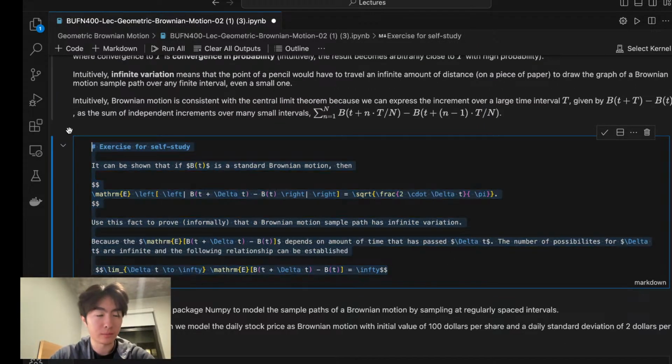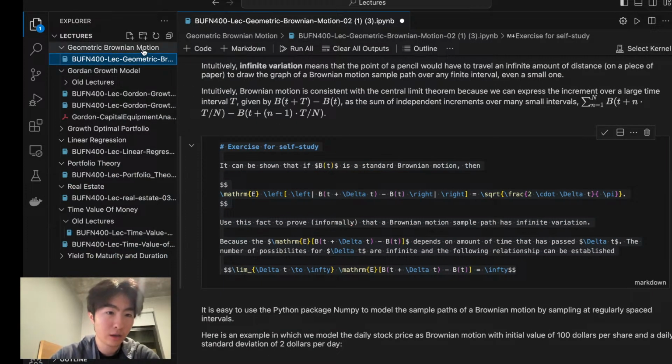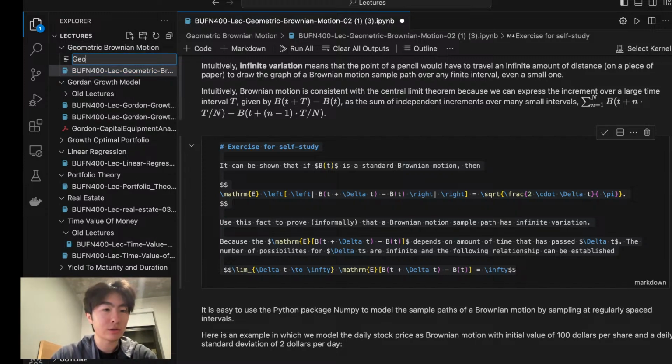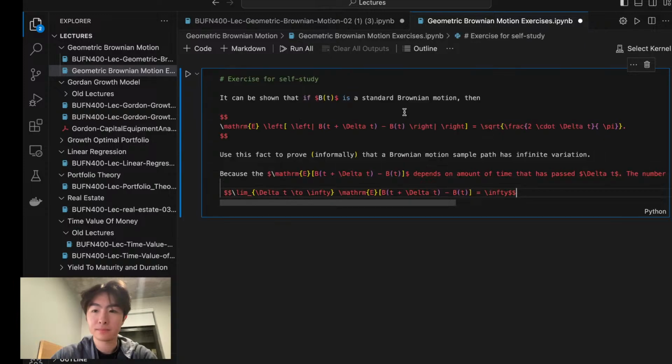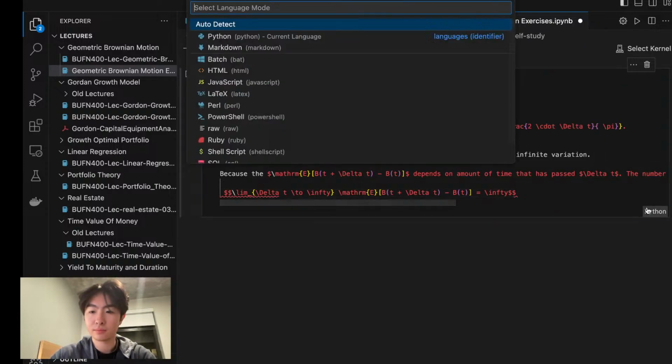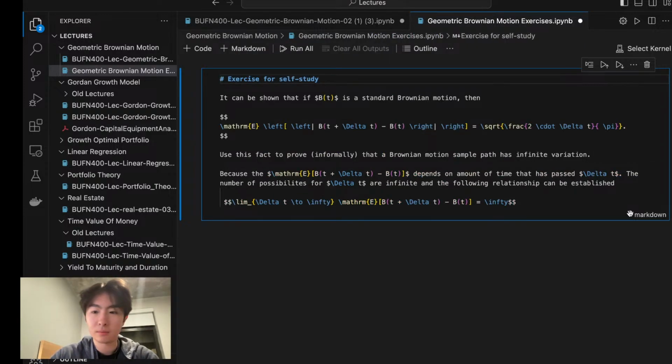Okay, so I'm going to put this in one of the actual, let's call this new notebook, geometric Brownian motion .ipynb. So exercises. Markdown.